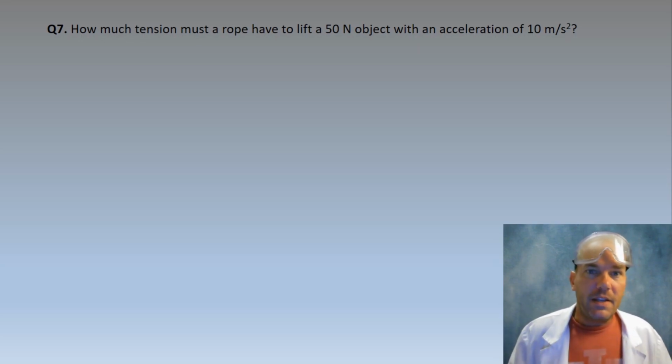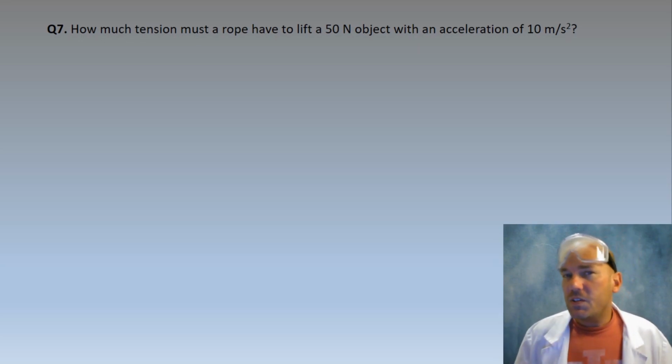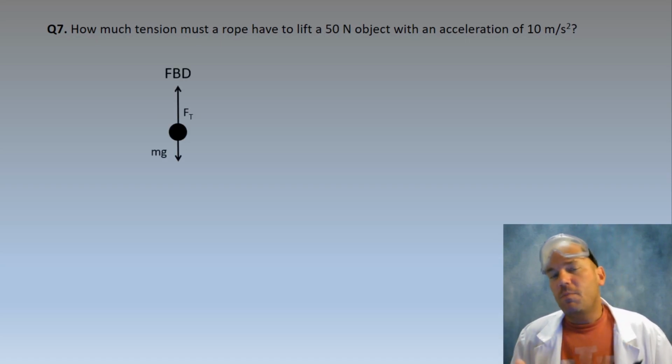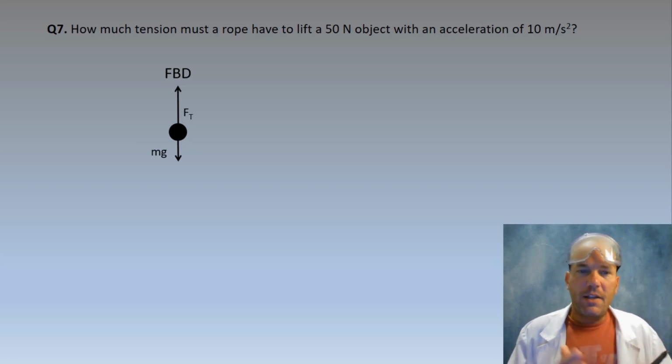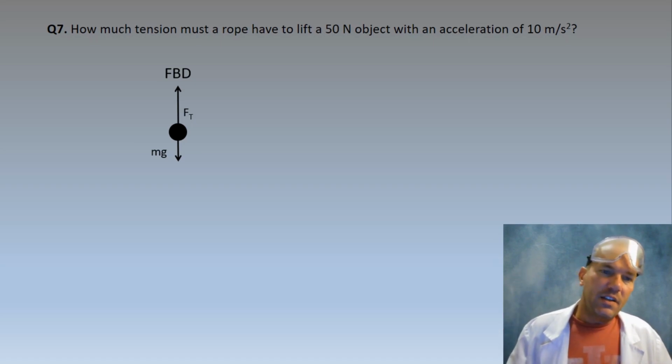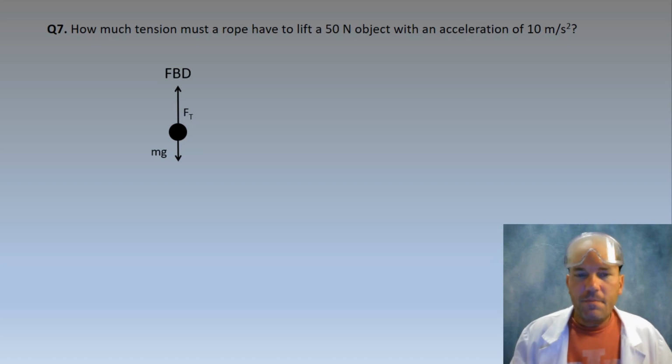Therefore, we would predict that the force of tension would be much greater than it would be when it was in equilibrium. So on your free body diagram, we have the force of tension shown to be significantly greater than the force of gravity.